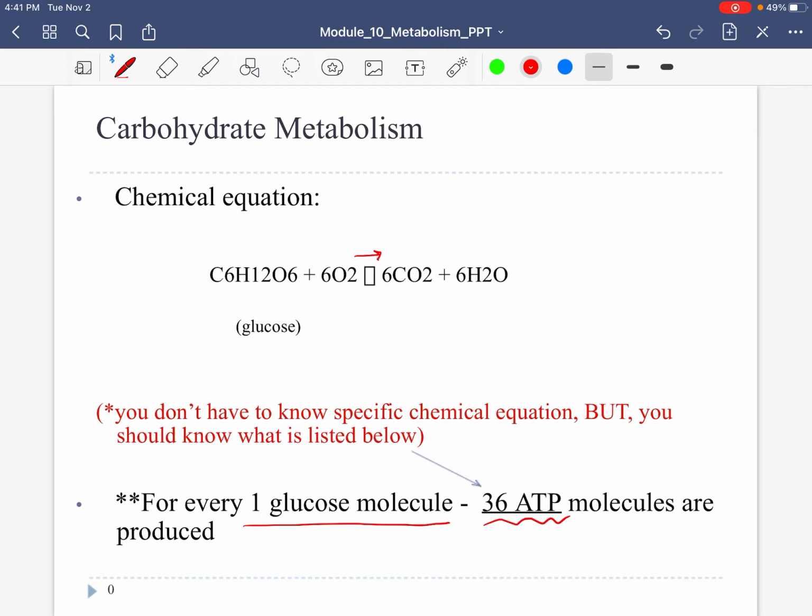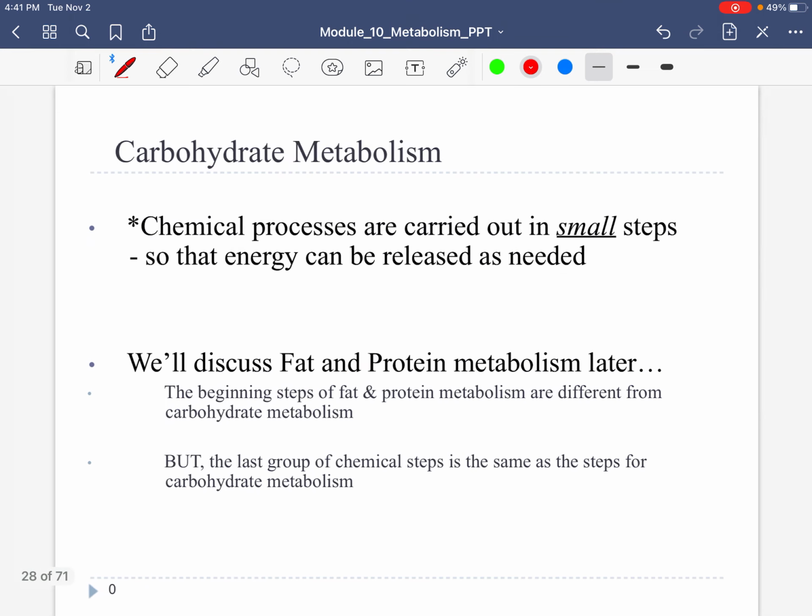You should know those numbers. I mean, think about it. That's a fantastic yield. That is an absolutely fantastic yield. For every one glucose, we can produce 36 ATP. That's really great.